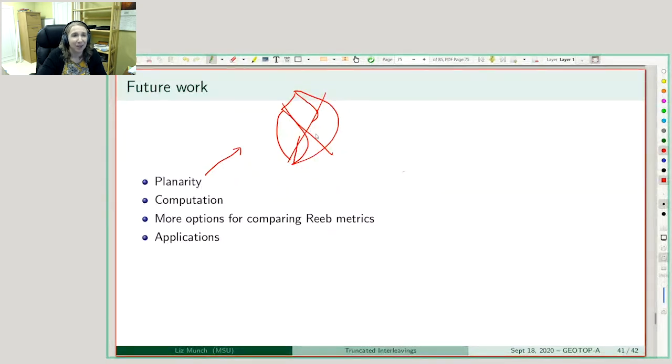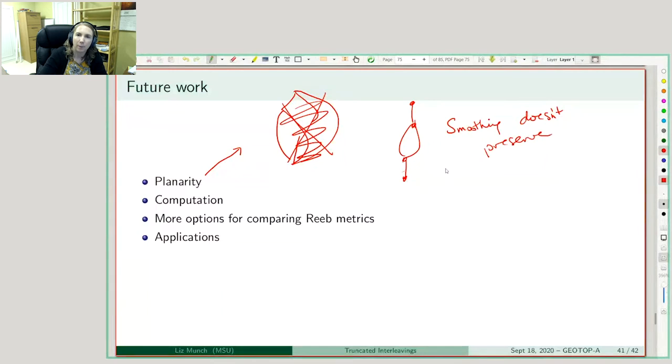Right, so we came at this from Reeb graph planarity, which is basically whether or not you can draw a Reeb graph in a way that it's planar and also preserves the function value information. It turns out that regular smoothing doesn't preserve planarity, but truncated smoothing does. So that's the next paper we're working on at the moment.